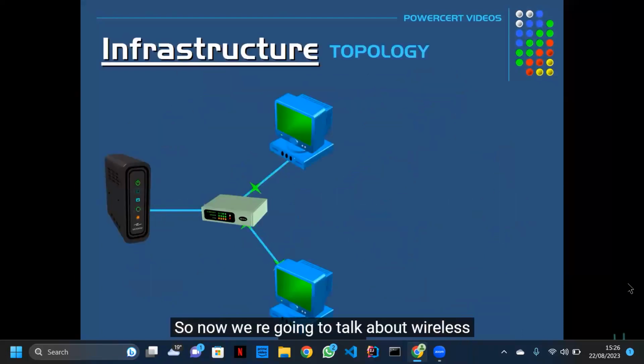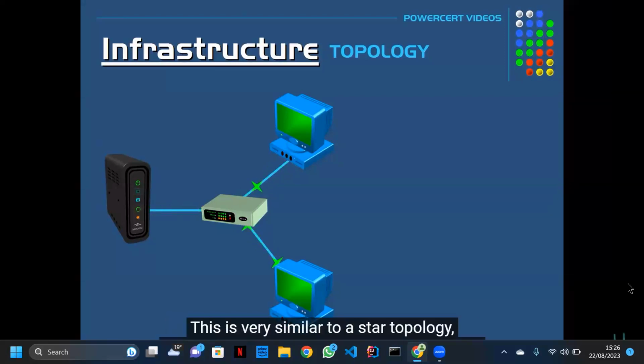So now we're going to talk about wireless topologies. So let's start with the infrastructure wireless topology. Now this topology uses a combination of wired and wireless devices. This is very similar to a star topology, where you have wired devices such as these computers here physically connected to a switch.